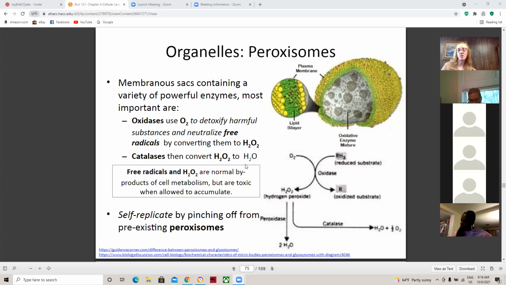So just to summarize one more time, peroxisomes convert free radicals and other harmful substances to hydrogen peroxide, which is then neutralized to water within the peroxisome. Peroxisomes can replicate by pinching off from pre-existing peroxisomes.